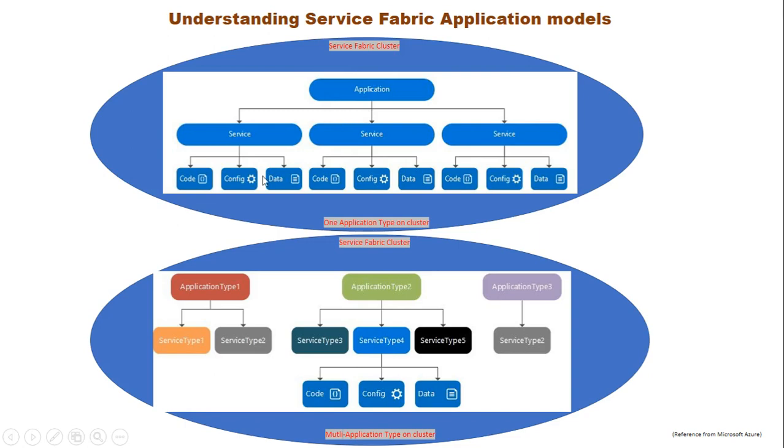You have a second service, which has its own code, config, data, and the same for service 3. This is also a possibility: you can have multiple applications, application 1, application 2 and application 3, and all applications have their own services, and all the services can have their own code, configuration and data. Or if we're talking about a stateless one, maybe it doesn't have data, just code which provides some functionality.